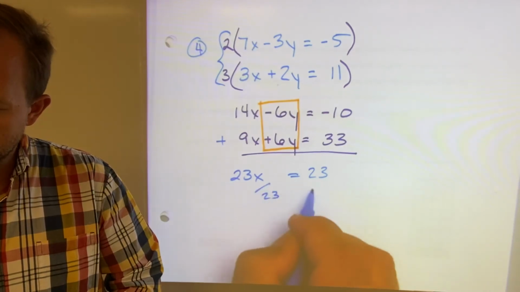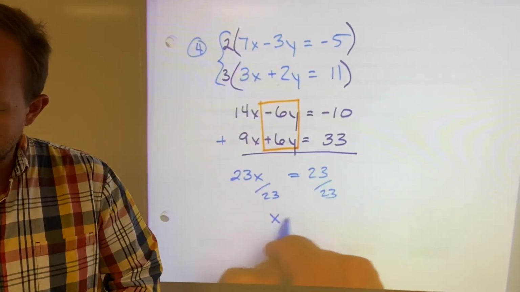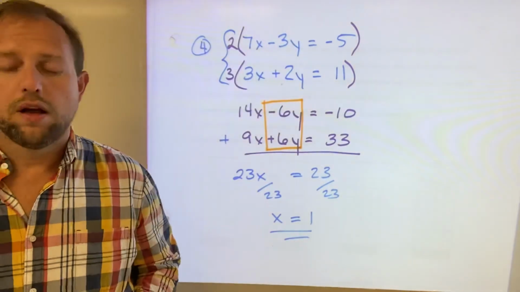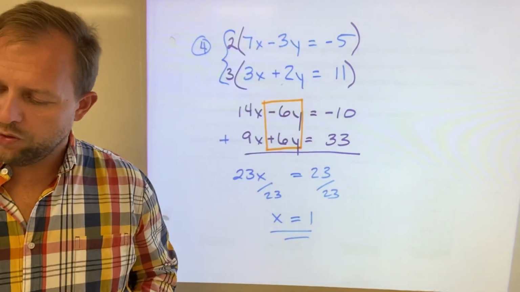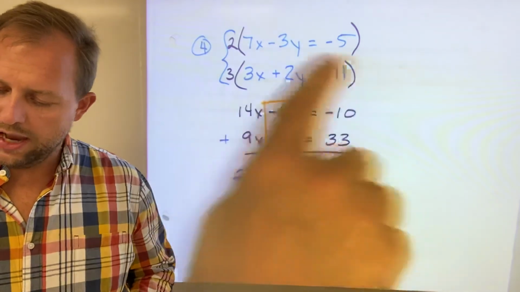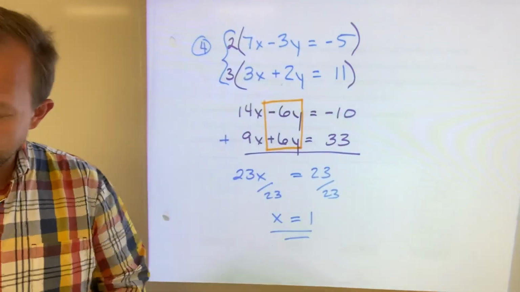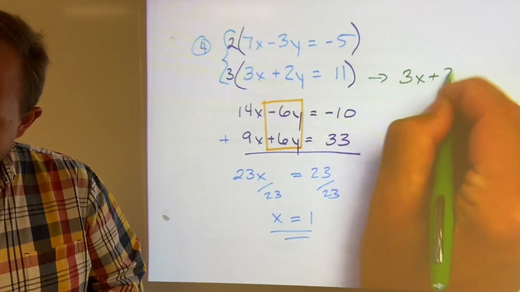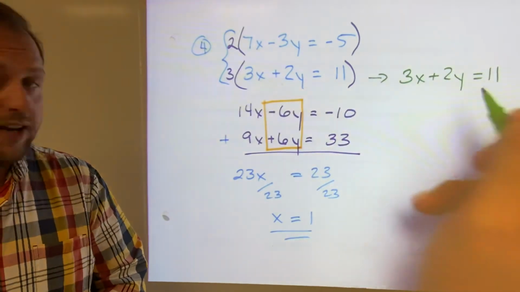We can divide both sides by 23 and we're left with x equals 1. Plug back in to one of the equations. Again, I'm going to pick the second one because I think these are nicer numbers. 3x plus 2y equals 11.